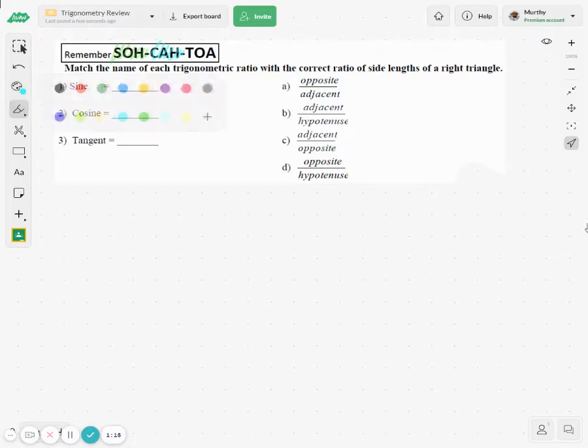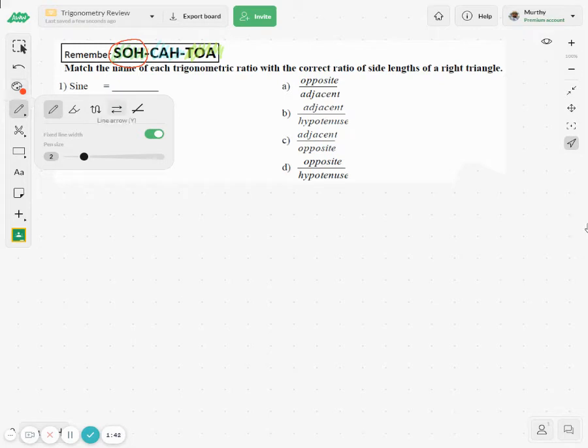And the third one is tan. So here tan equals opposite over adjacent. Now, if you are asked to choose, sine equals to, let me think of this again. SOH, that is, S stands for sine equals to O. O stands for opposite, right?